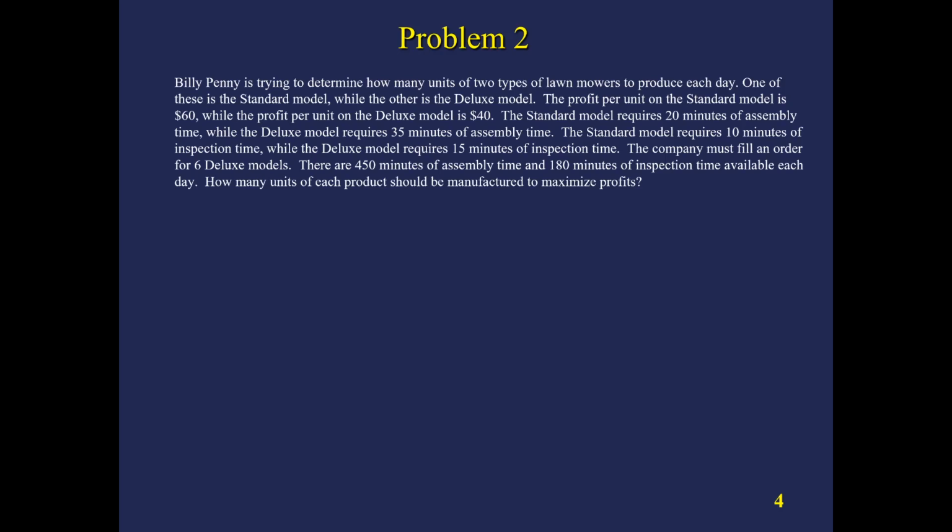Again, we can see that it is about maximizing the profit. We have two products to be decided, how many units of each product to produce. So the decision variables are clear to us. One is a standard model and another is the deluxe model. So we can define the decision variables. We can say x1 is equal to number of standard models and x2 is equal to number of deluxe models, and then it is a maximization problem.